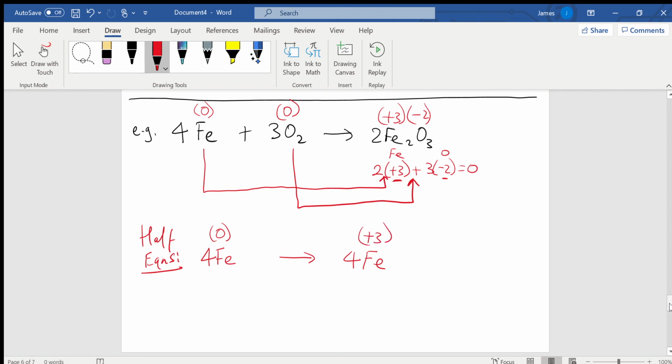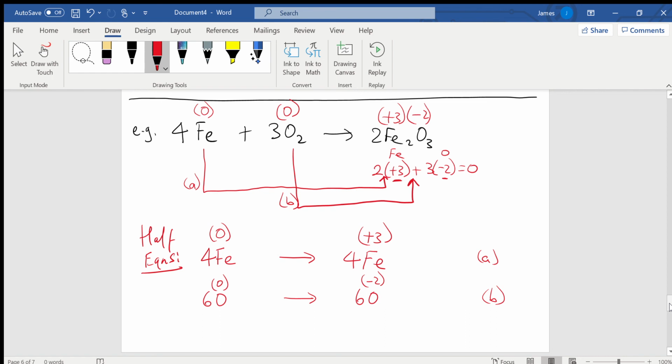And so let's call that A. Let's call this one B. So that's A. And then B, we've got 6 oxygen in the 0 oxidation state to give 6 oxygen in the -2 oxidation state. Again, not really bothered about balancing in this video.